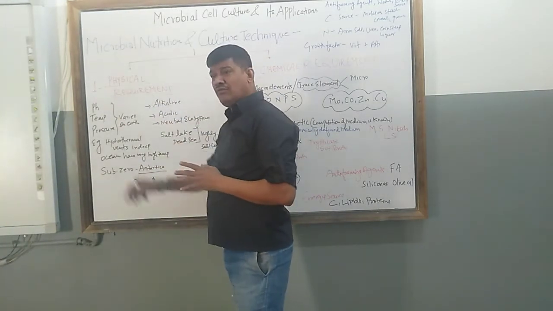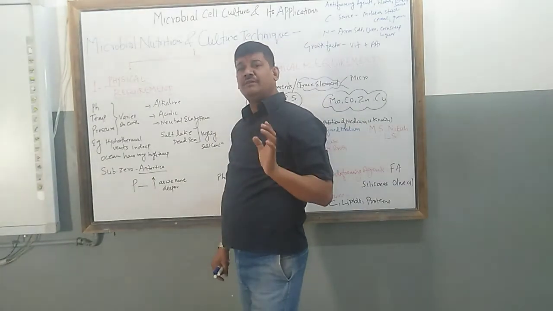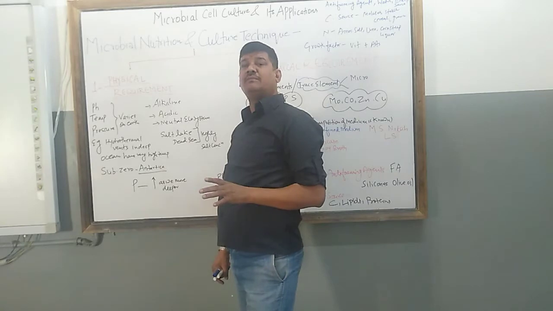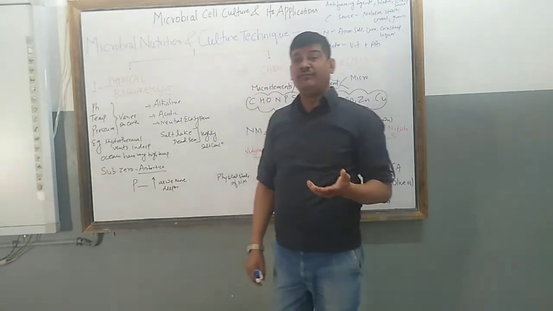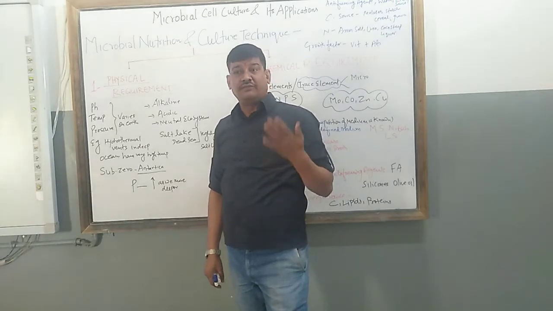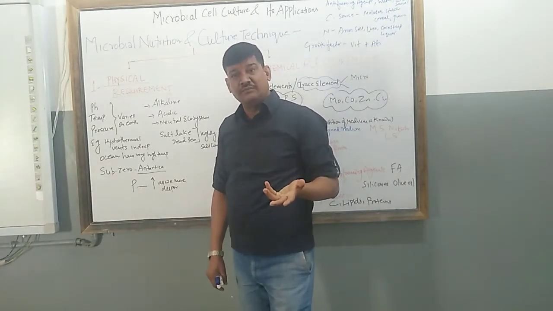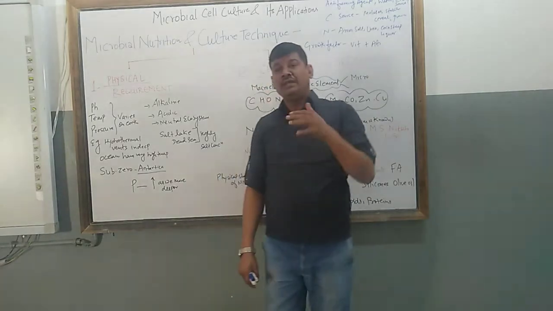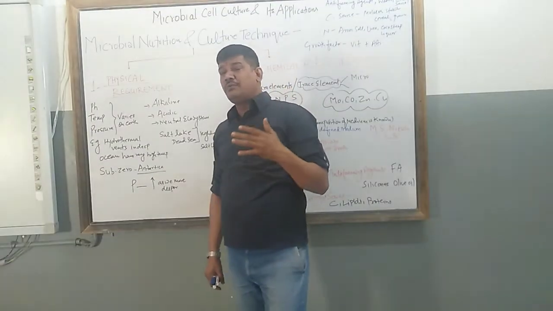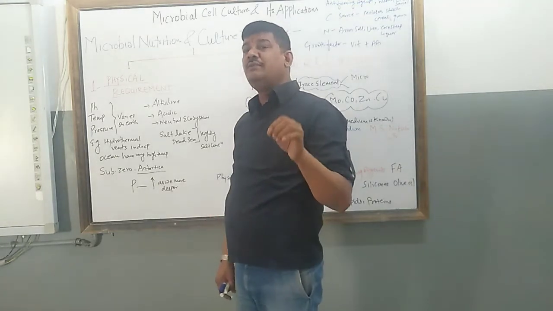Because these microorganisms are ubiquitous, that is, they are present everywhere, even where you cannot expect life to be possible, in those conditions these microorganisms thrive well, because of the presence of their own metabolic system and their own chemicals, and those chemicals provide power to the microorganism to live in that condition.